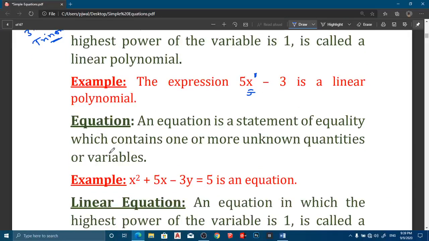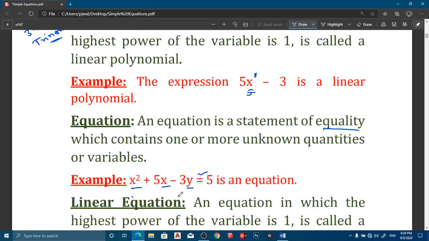An equation is a statement of equality which contains one or more unknown quantities or variables. You see, two variables are there, two unknown values are there, and it has an equality symbol.